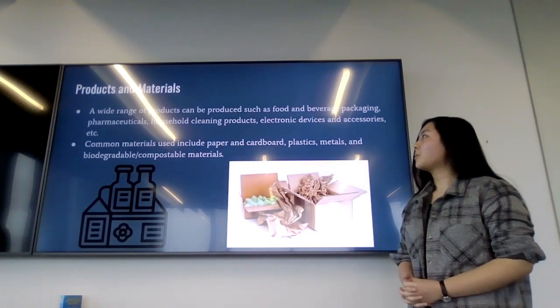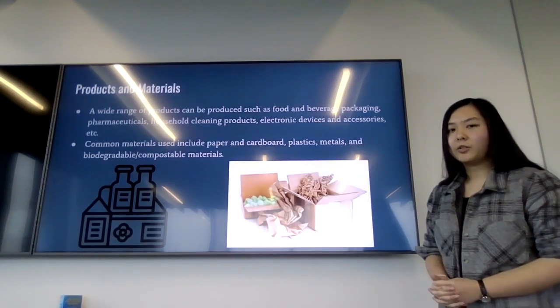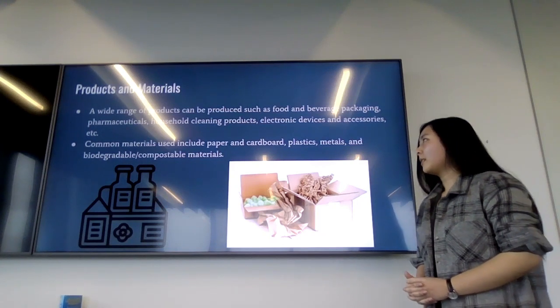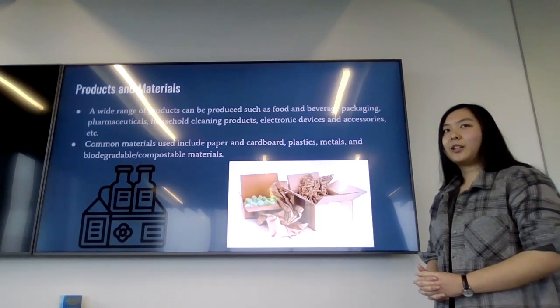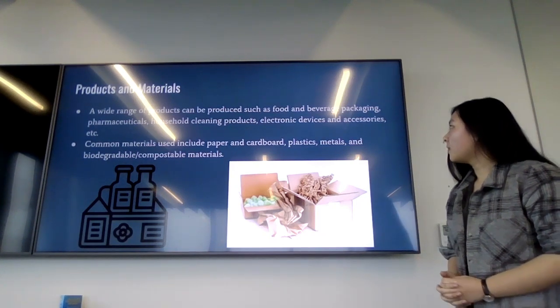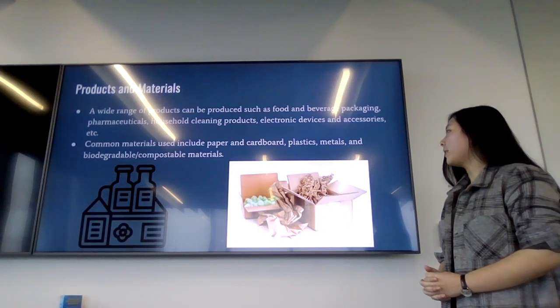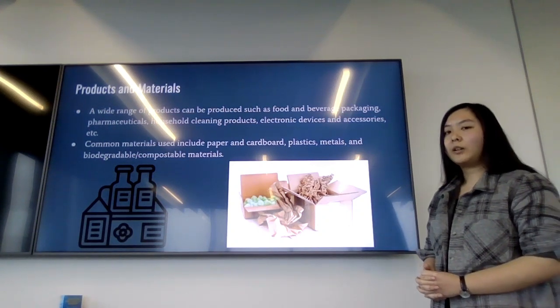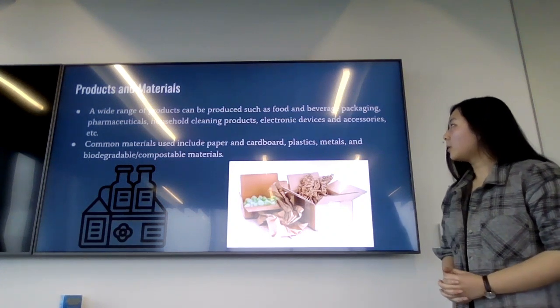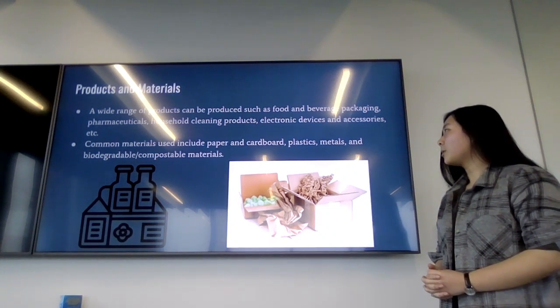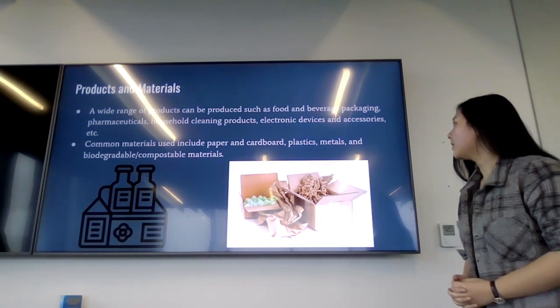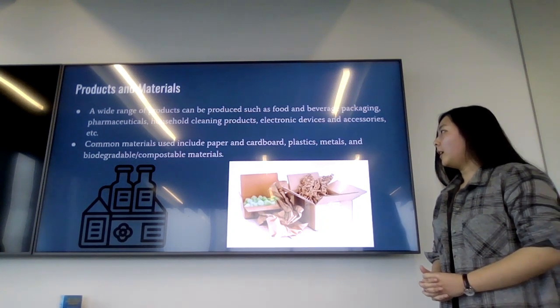And then we'll also discuss products and materials. There's a wide range of products that are produced from packaging and labeling, and this includes food and beverage packaging, as discussed earlier, pharmaceutical packaging, household cleaning products, electronic devices, and accessories.